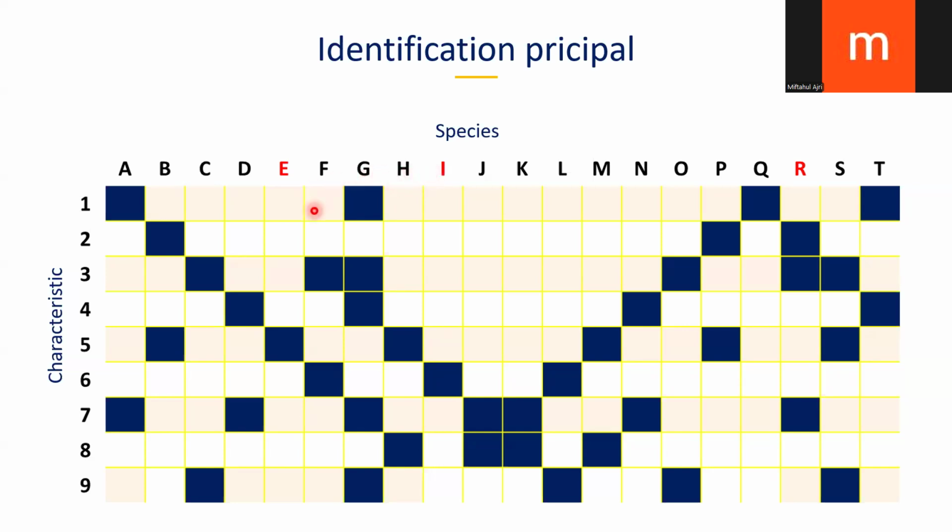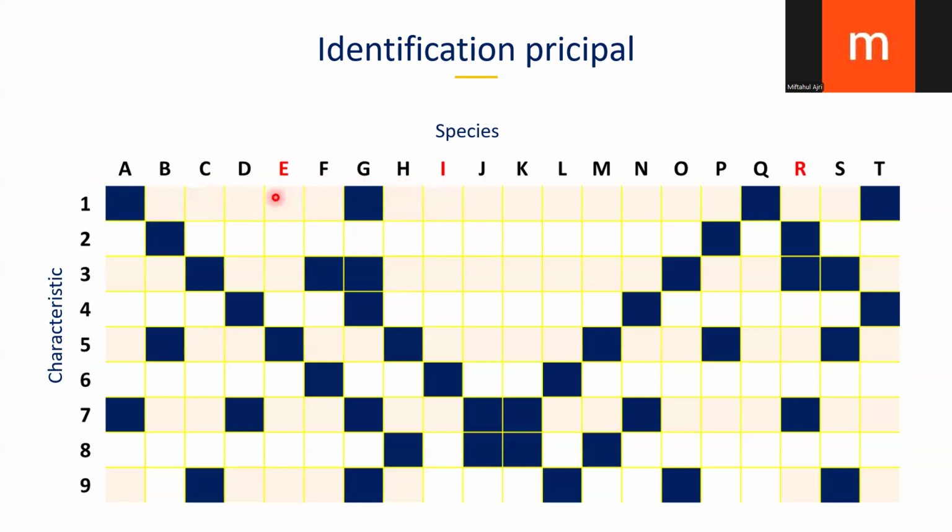What characters can be the basis of identification between species E and species I? For the first characteristic, the color of E is orange, and in the I species, the first character is also orange. So we cannot identify by this characteristic.